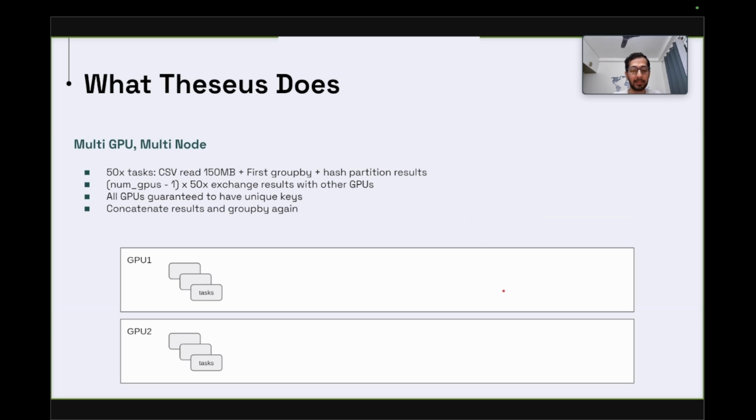And then it's going to hash partition those results so that it can share them with its neighbor GPUs. Once you partition this data set, the cities that these tables contain will not be found in these other tables, and the cities that will be found here are going to be found in the neighboring GPU.